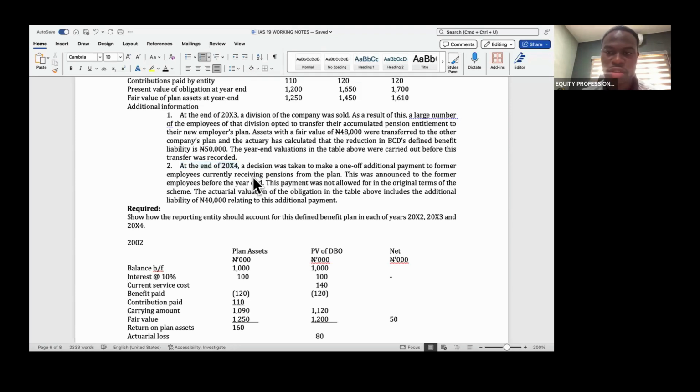This was announced to the former employees before the year end. This payment was not allowed for in the original terms of the scheme. The actuarial valuation of the obligation in the table already includes this additional liability.